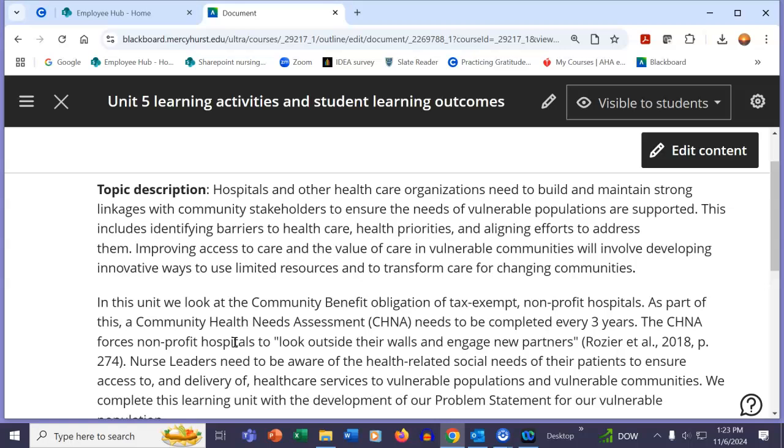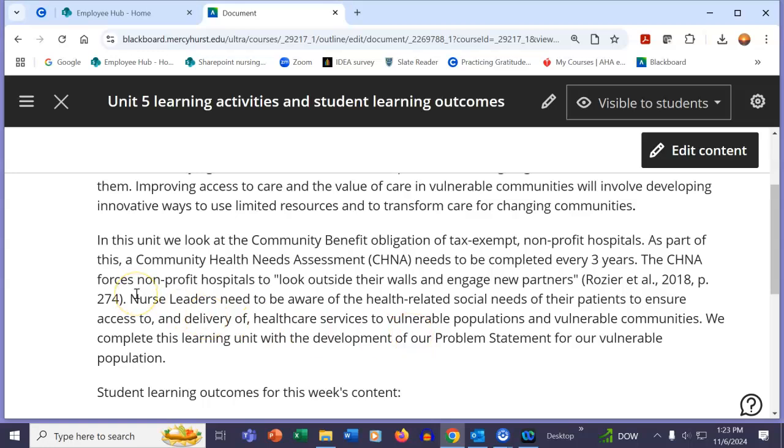And as part of this tax exemption that they receive, which is huge, as you're going to find out, these hospital systems need to do a community health needs assessment every 3 years. And this really forces the nonprofit hospitals to look outside their walls, engage new partners. And nurse leaders need to be aware of the health-related needs of their patients in order to assure access to and delivery of healthcare services to the most vulnerable.